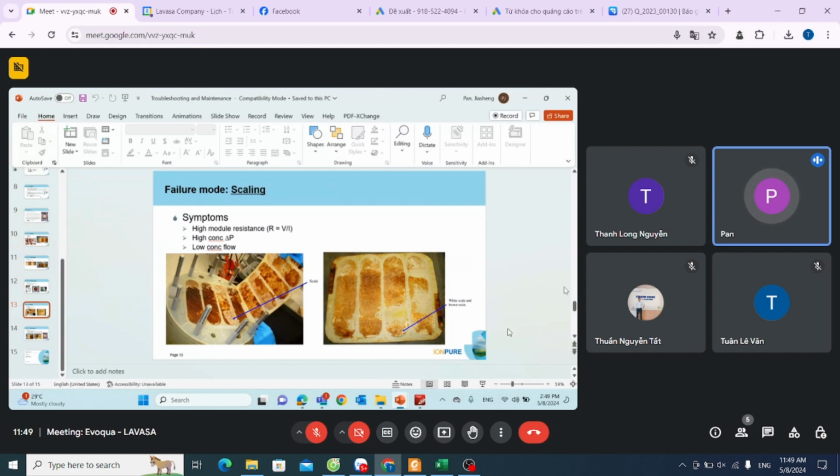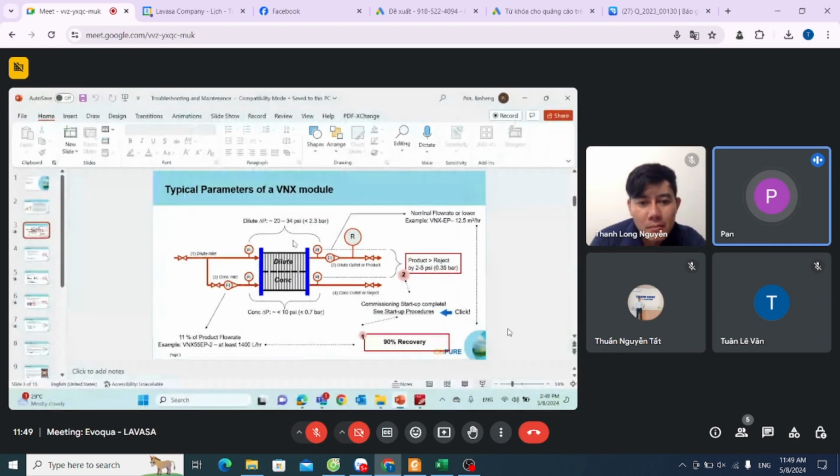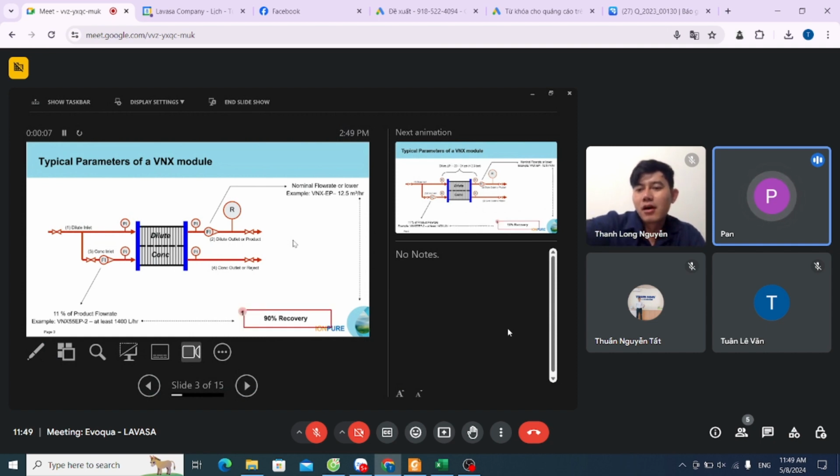There is too much already but only a little bit of water, so it cannot dissolve and will come out in the module. So it's very important to have some water in the concentrate. Got it?